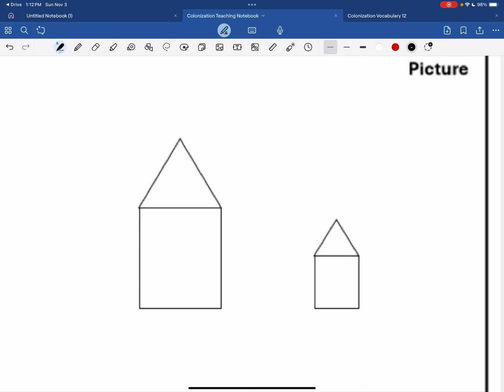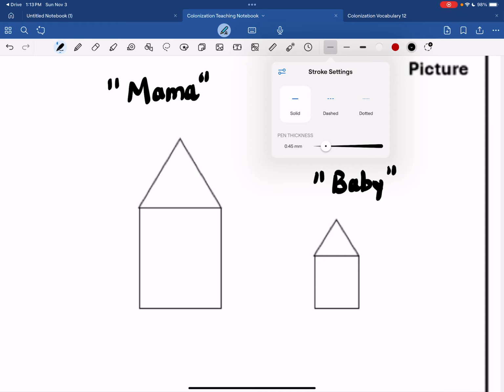And it's not an easy one to understand until you've worked with it for a while. So I would tell my students to imagine that we have a mama shape and we have a baby shape, or a daddy shape and a baby shape. That would work just as well.